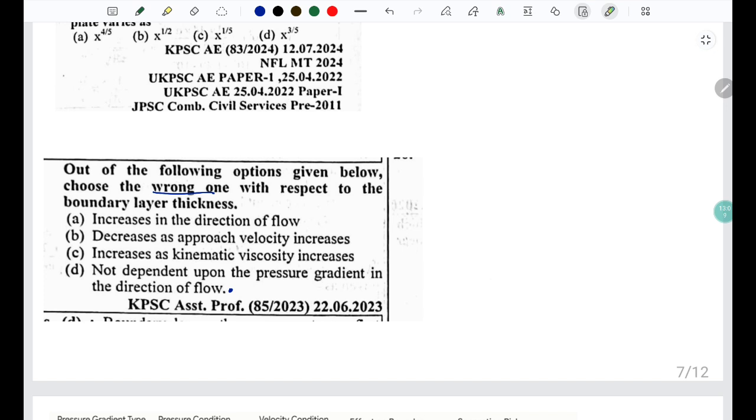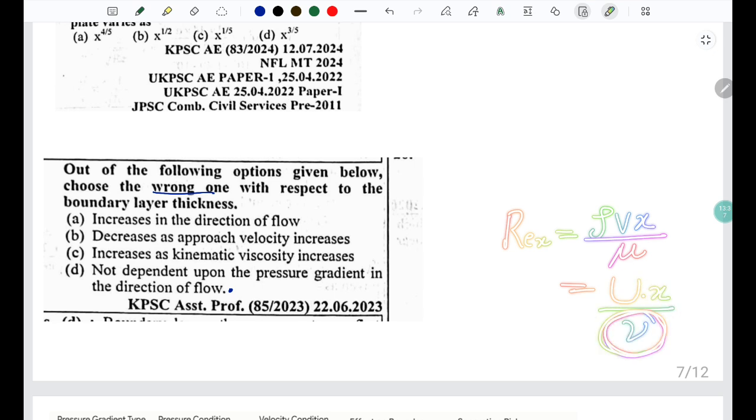Then comes increase in kinematic viscosity. We know that delta is written in terms of Reynolds number. Now this Reynolds number itself is written as rho Vx upon mu, or we write it as u x upon nu.